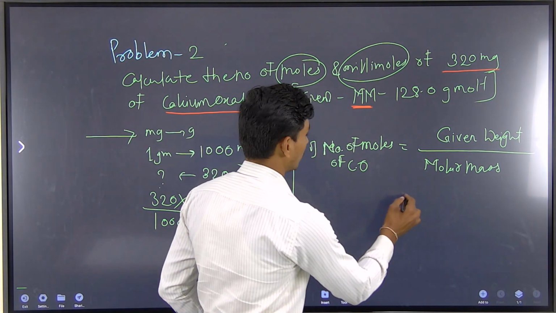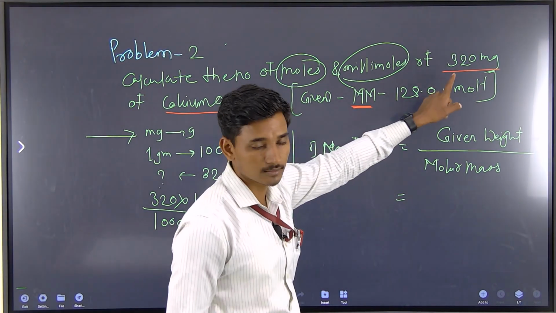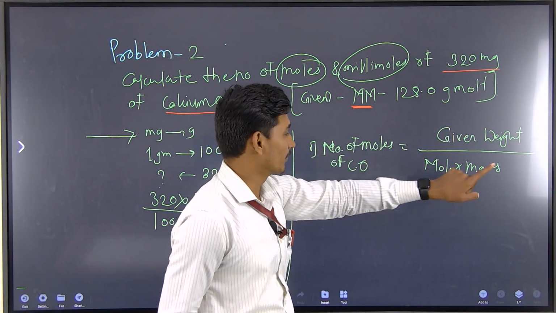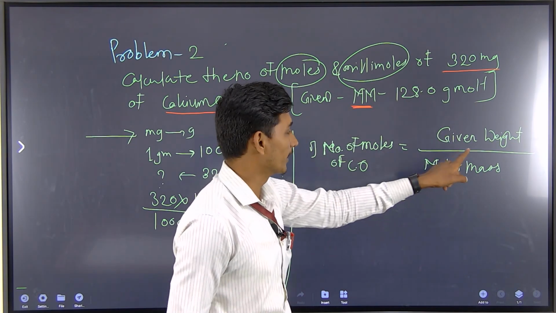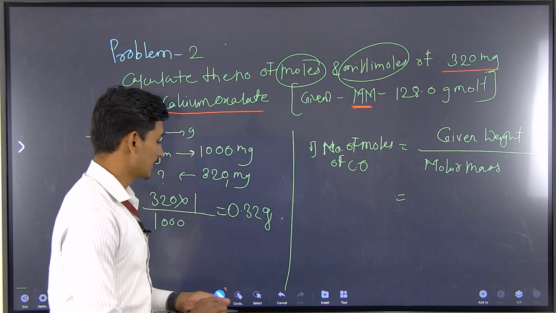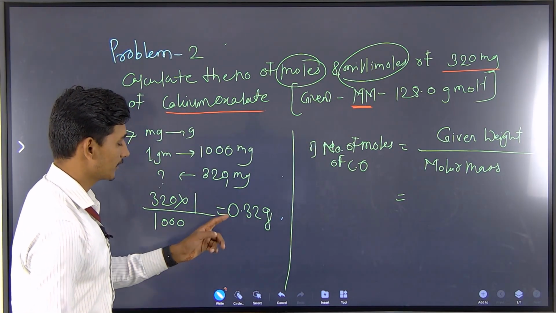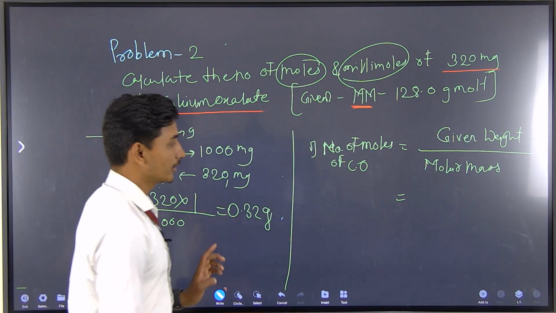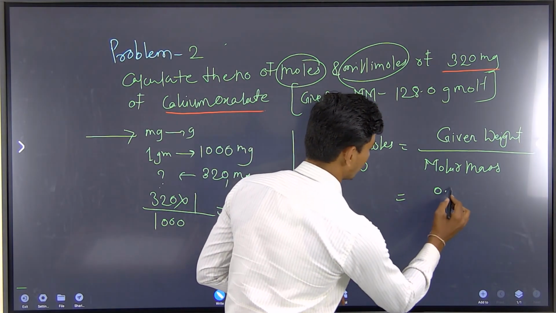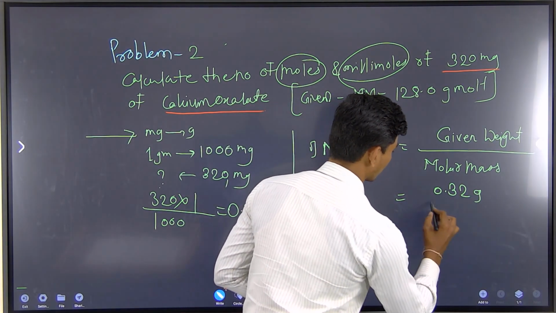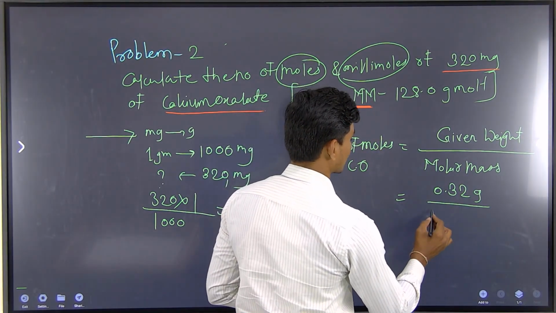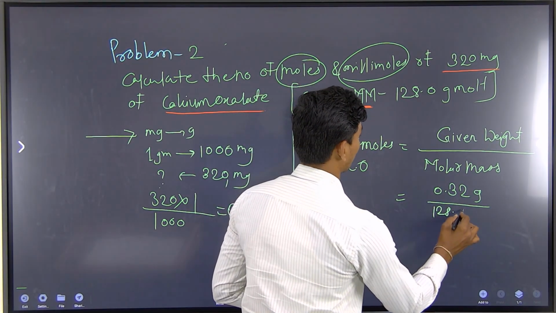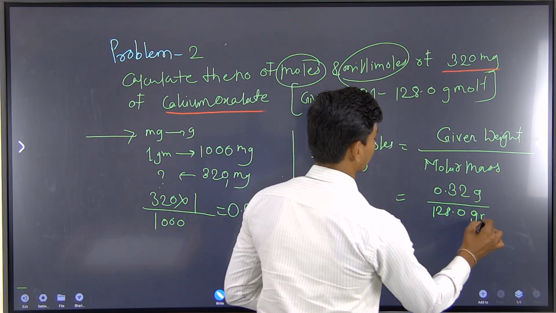The given weight is 320 in milligram, but the molar mass is in gram, so we take the given weight in the same unit, that is 0.32 gram, divided by the molar mass of 128.0 gram per mole.